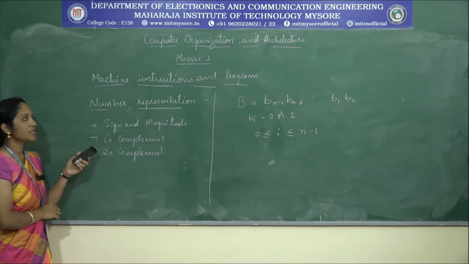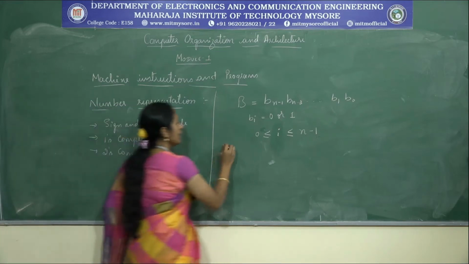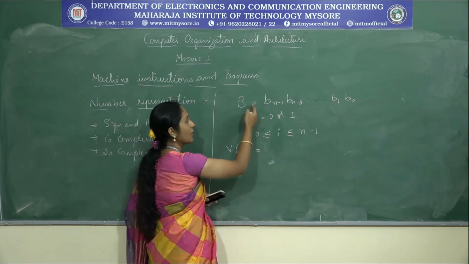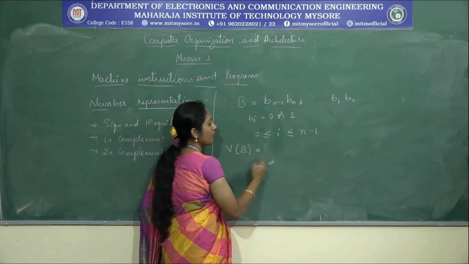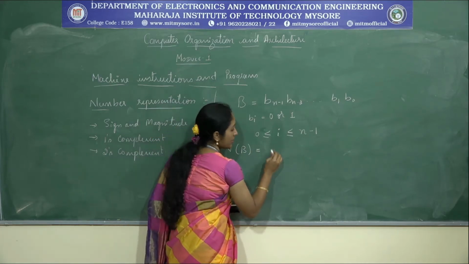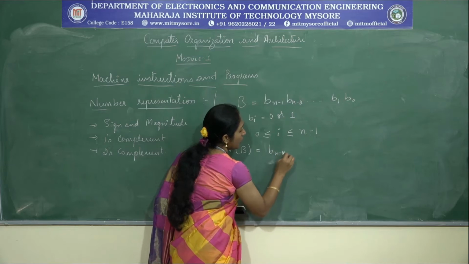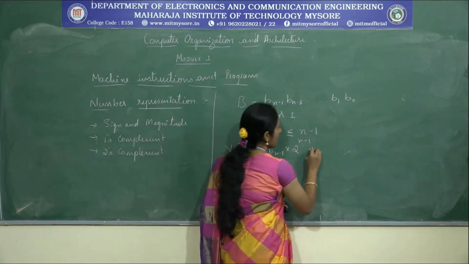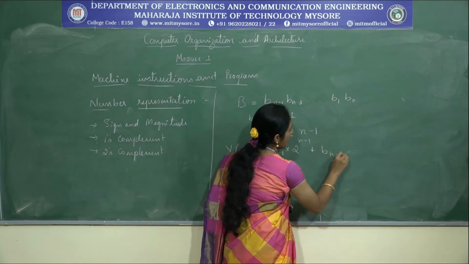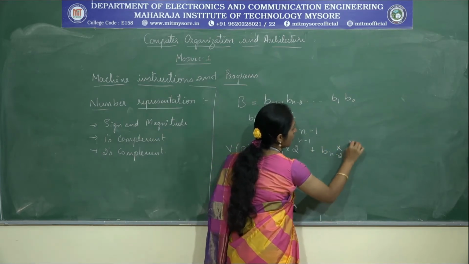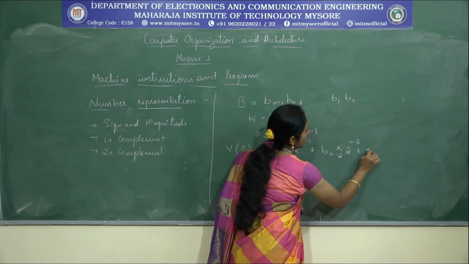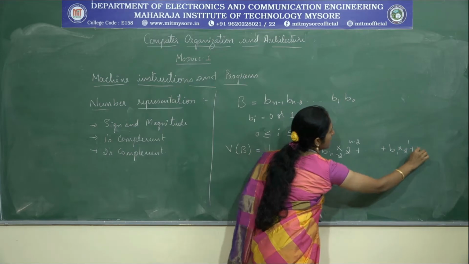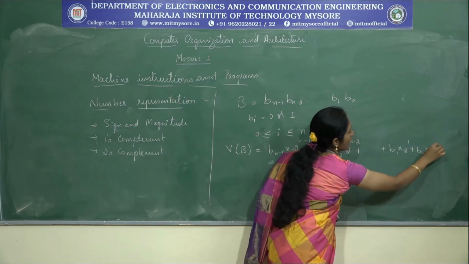If you want to represent this as an integer, the unsigned integer equivalent of this binary number is V of B, which is Bn minus 1 times 2 to the power n minus 1, plus Bn minus 2 times 2 to the power n minus 2, plus and so on, plus B1 times 2 to the power 1, plus B0 times 2 to the power 0.